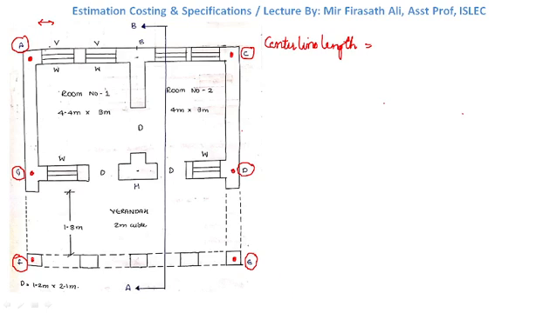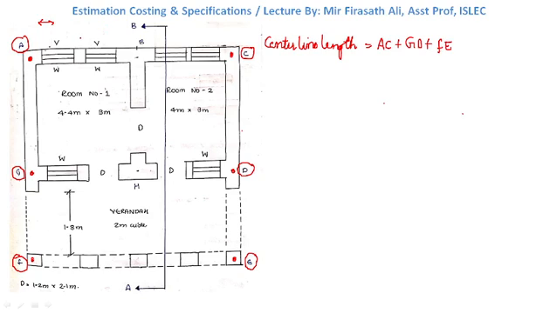So, the center line length is equal to AC plus GD plus FE.